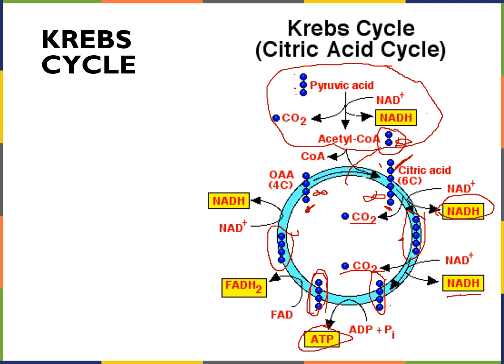But if you notice, it picks up 2 hydrogens, okay? So technically, the technical term is it's been reduced because it gained electrons. The FAD has been reduced to FADH2. It has picked up those 2 hydrogens, and each hydrogen is an electron, so it picked up 2 electrons. All right, this molecule of FADH2, once it's made, is then shipped off to the electron transport chain.